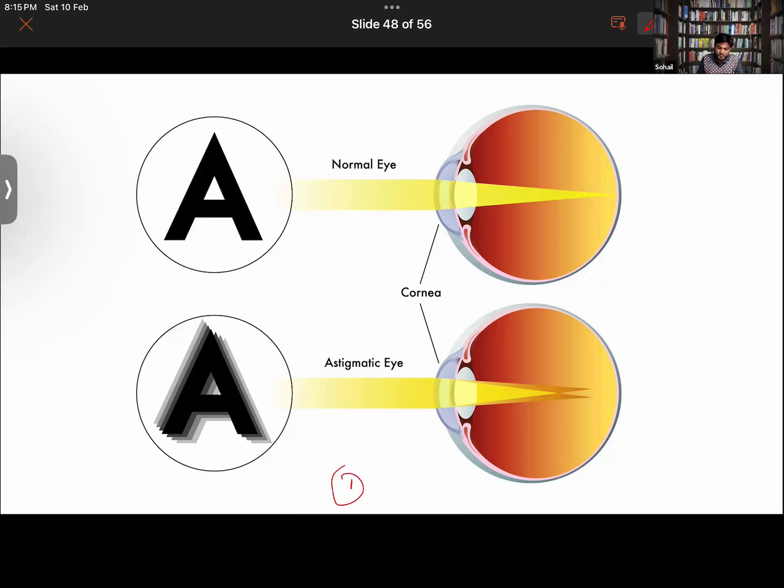One reason is the abnormal shape of the cornea. The second reason is that the image is focused multiple times, as you can see here. Hope it is clear. Any questions in this? No, sir. All right.